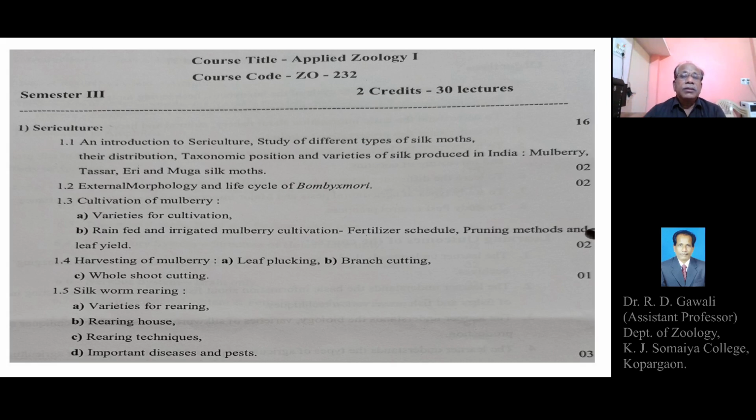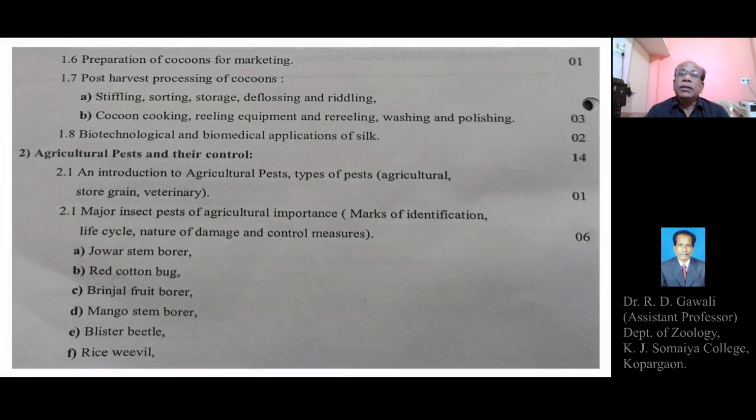Then important diseases and pests. The next point is important diseases and pests. The silk moth Bombyx mori and silkworm larvae or caterpillars of the Bombyx mori are a domesticated type of insect.